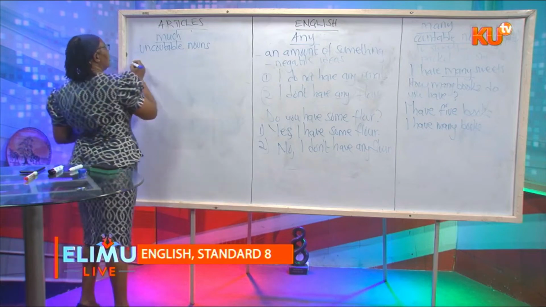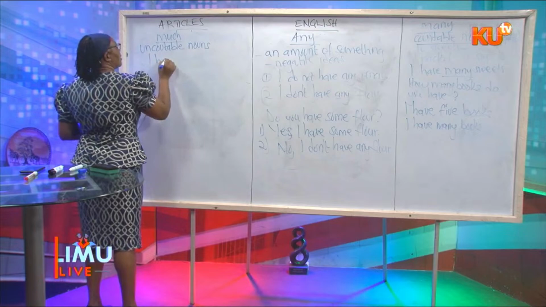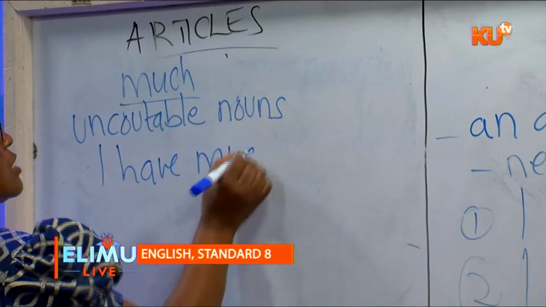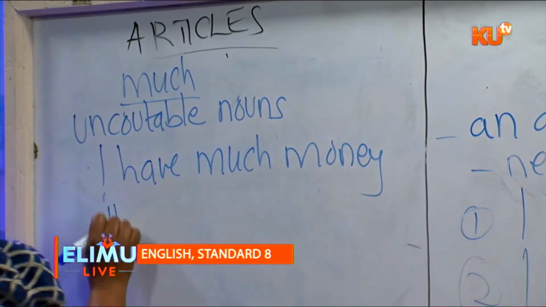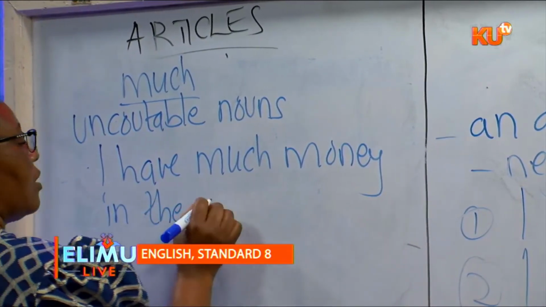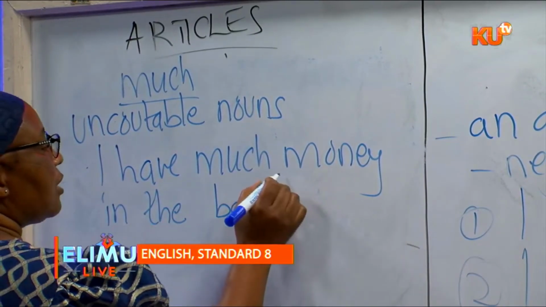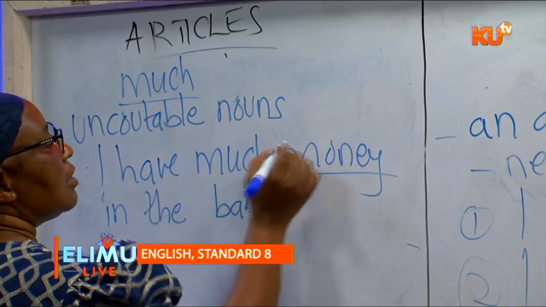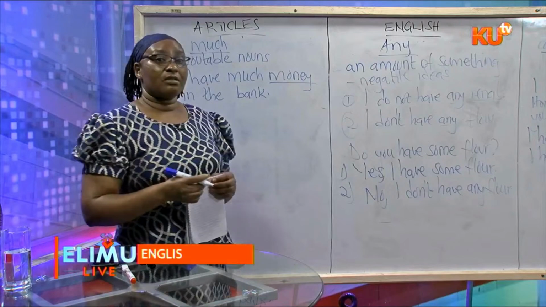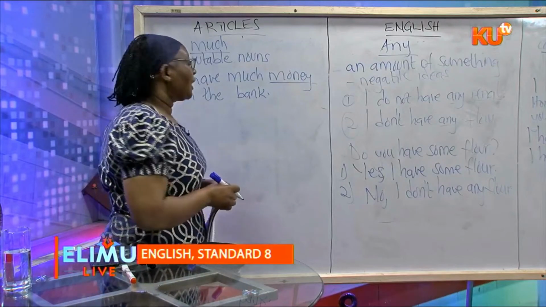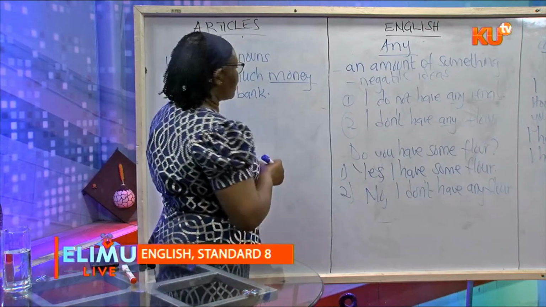For example, I may say that I have much money in the bank. Now, the word money is a noun which is uncountable, because you can't count the particles that are used to make money. It's just like saying, I have much flour.